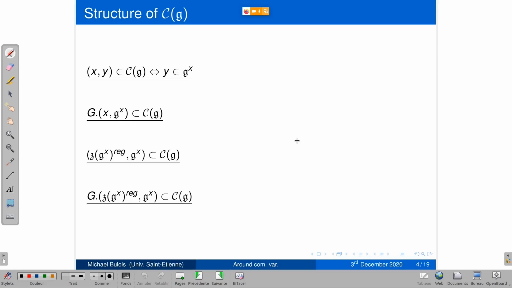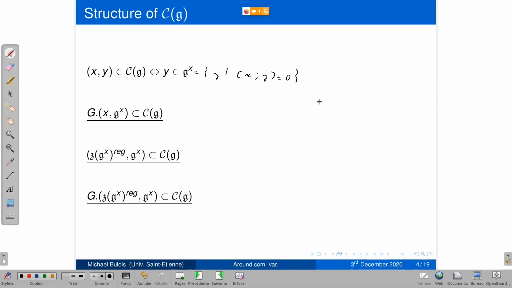When we have a problem, we look for the linearity. And where is the linearity here? If you fix an element x here, you can look at all the elements commuting with x. So this is what I wrote g_x. So this is the set of z such that [x, z] is 0.